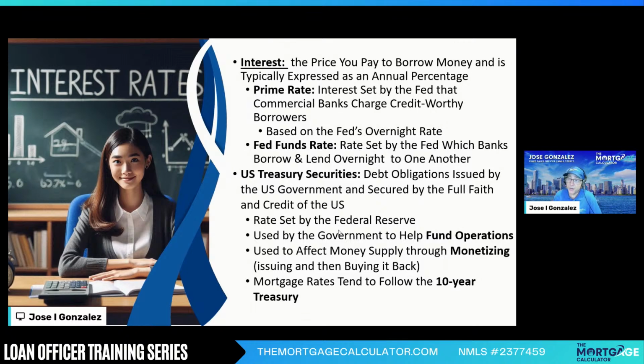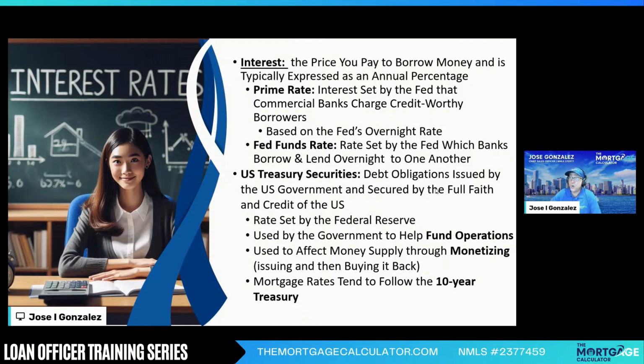And how they cover those shortages is they borrow overnight from other banks that have overages, and the rate that they pay is called the Fed funds rate. Those are called Fed funds. So that's the one that the Fed directly controls, and that's the one that trickles down and controls all the other indexes.